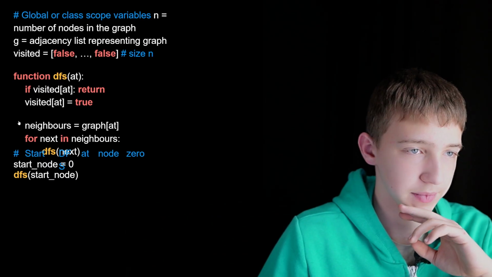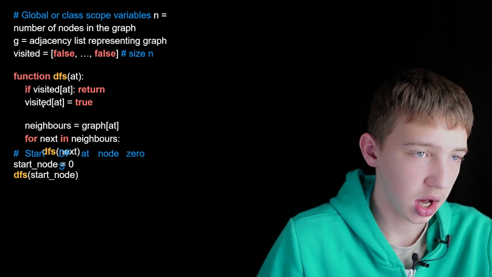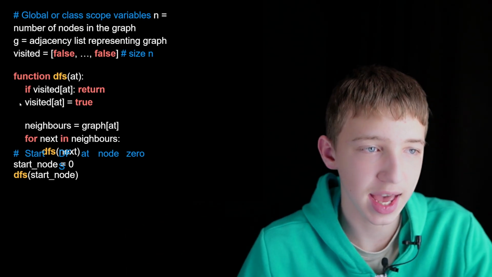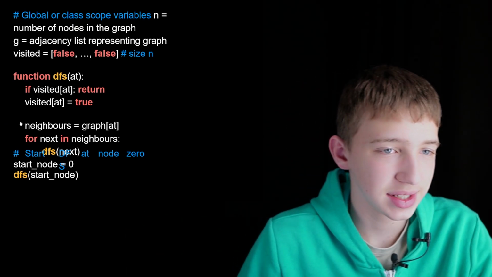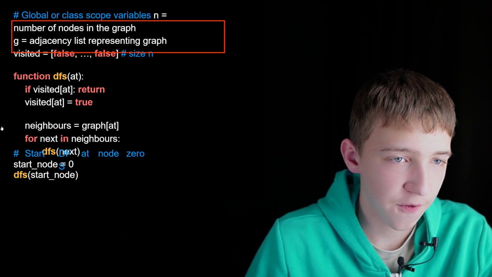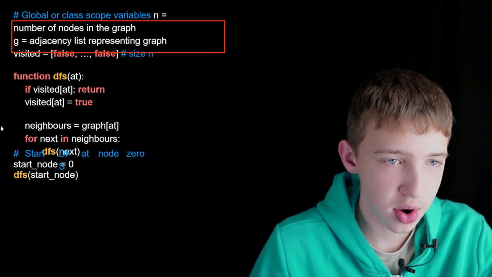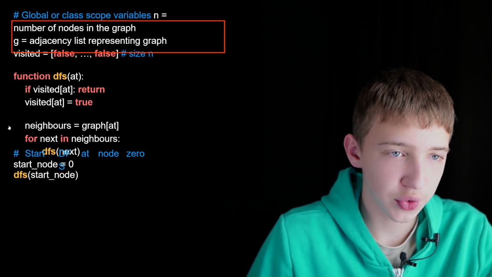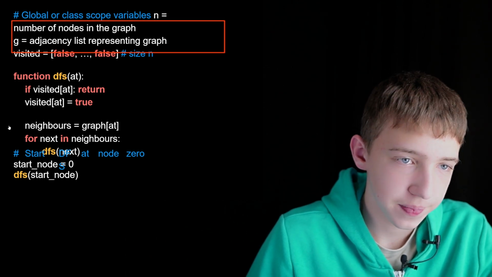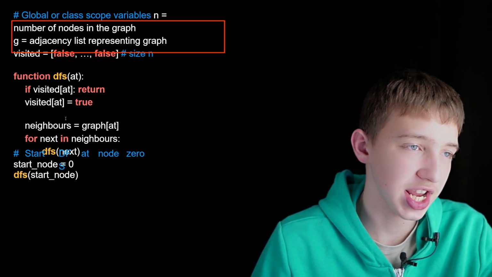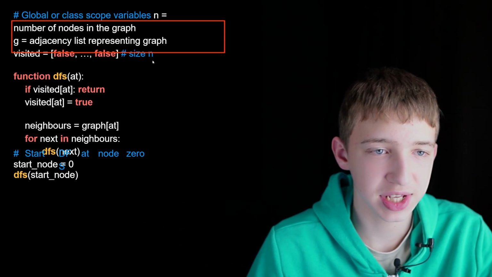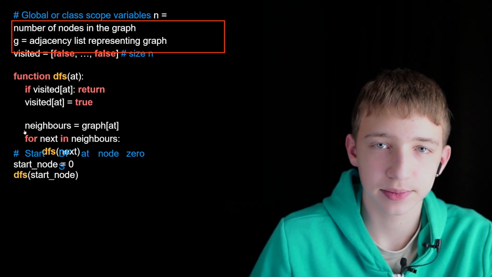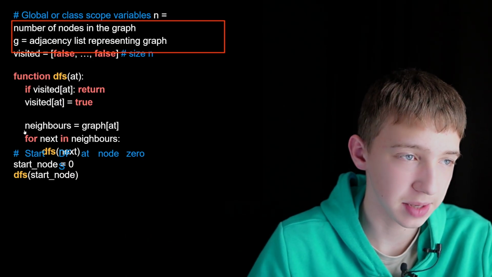So let's look at some pseudocode for depth first search, to get a deeper understanding of how it works. The first thing we need to declare is global variables. That is n, the number of nodes in the graph; G, the adjacency list that represents the graph; and a visited array, a vector in C++, for example.